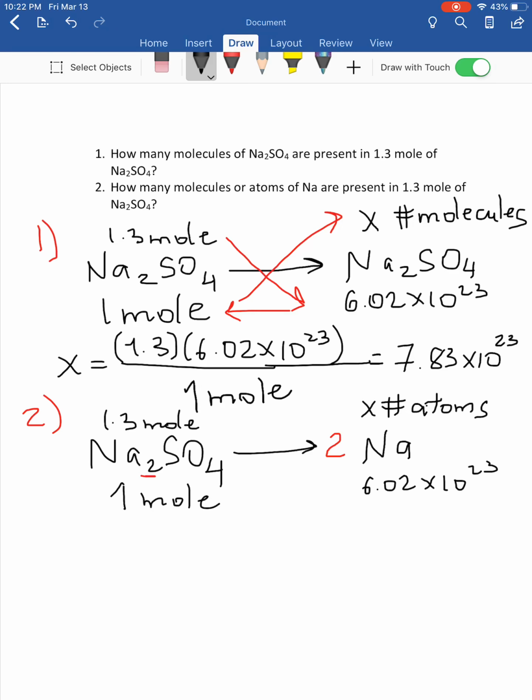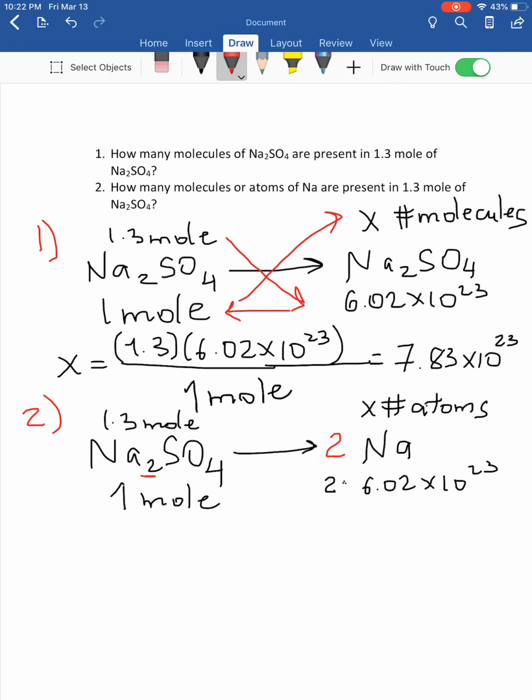But since we have a coefficient of 2, we have two sodium, we're going to multiply Avogadro's number by 2. So that's it, we set up our equation, our proportion, and all we have to do is make a cross multiplication and solve for x.